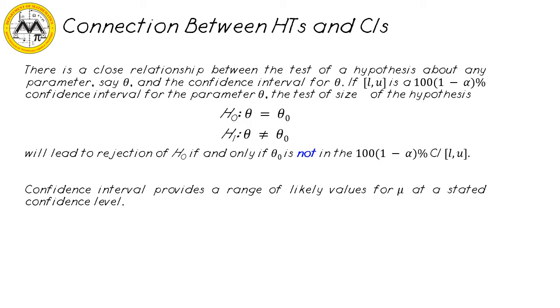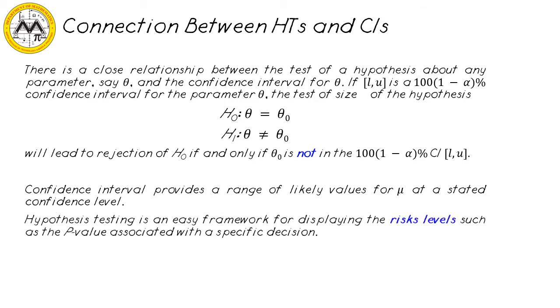A confidence interval provides a range of likely values for mu at a stated confidence level. Hypothesis testing is an easy framework for displaying the risk levels, such as the p-value, associated with specific decisions.